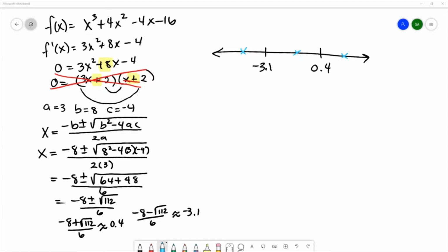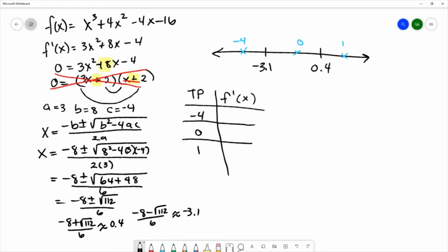So let me pick test points in each one of these intervals. So I'll pick -4, 0, and 1. And we want to substitute those into the derivative. These are some calculations that I've done earlier.